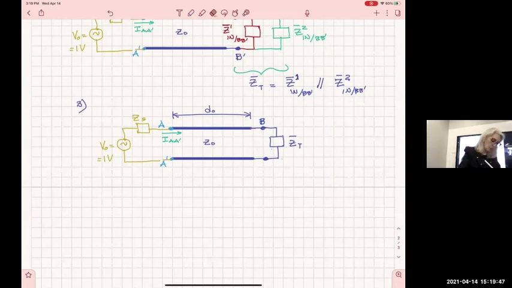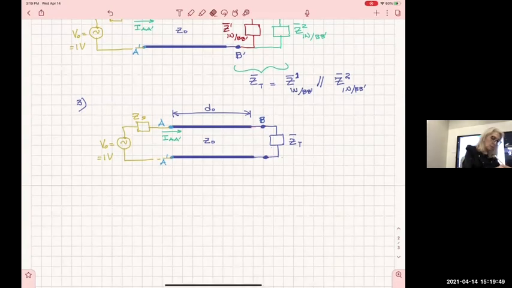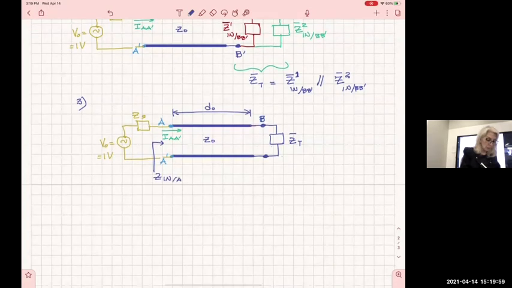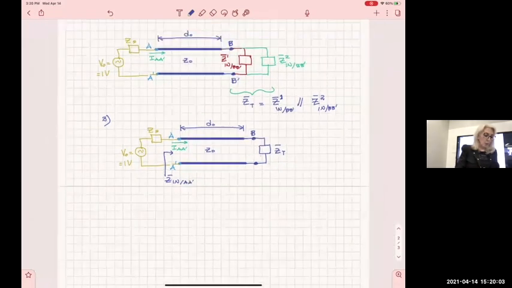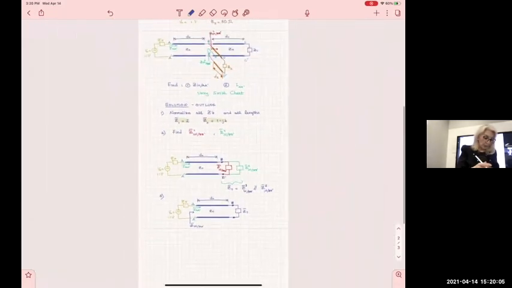All right, so here. So I need to find it on the Smith chart using that. That's how I'm going to outline my solution. And I'm going to do it without doing those things.